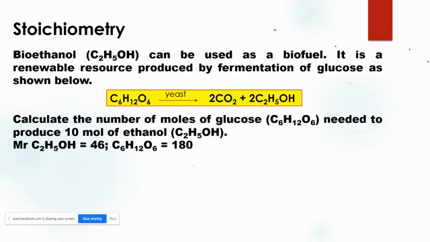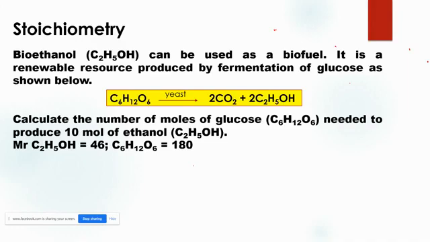Okay, bioethanol can be used as a biofuel. It's a renewable resource produced by fermentation of glucose as shown below. So this is the reaction of fermentation of glucose. Glucose is fermented by yeast to produce carbon dioxide and ethanol or bioethanol.